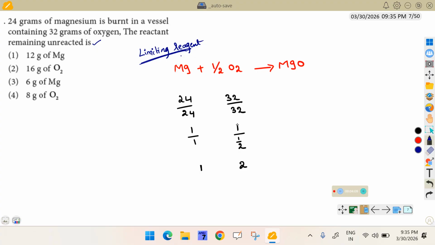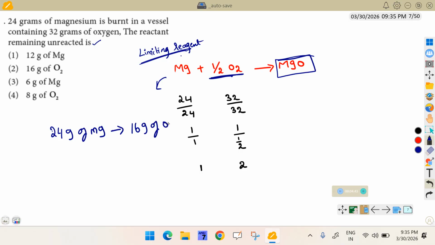According to this equation, the question is between magnesium and oxygen, for the formation of magnesium oxide. So according to the above equation, 24 grams of magnesium requires half mole of O2, 16 grams of oxygen.